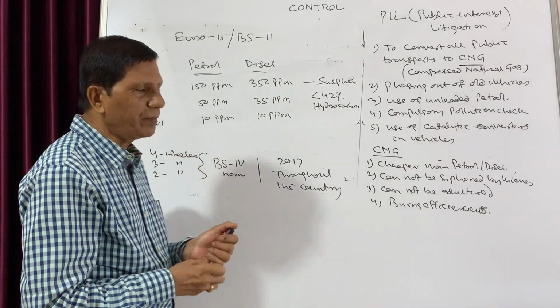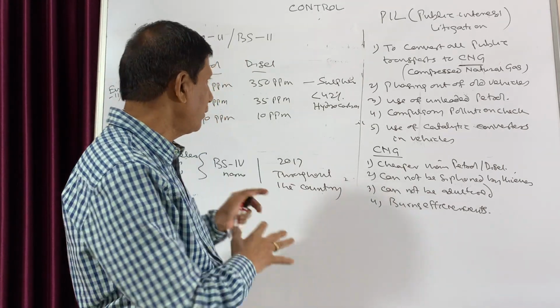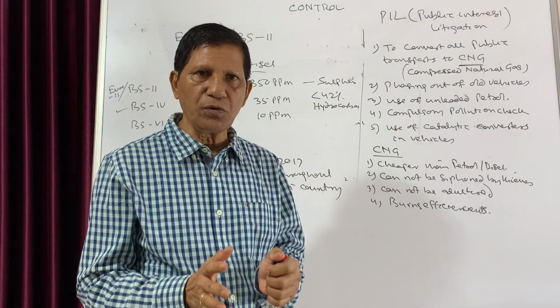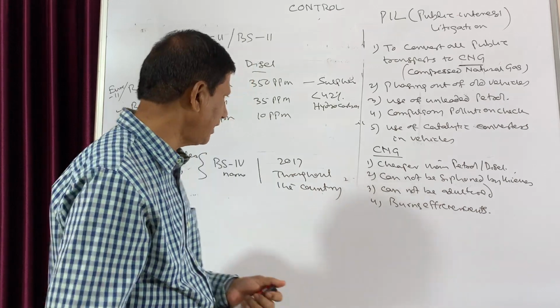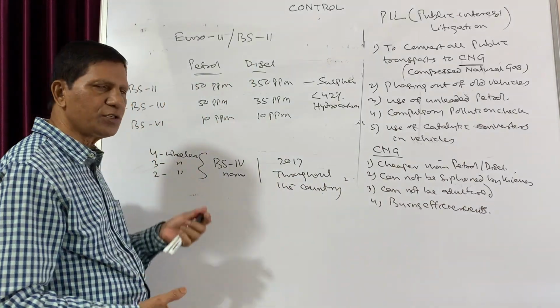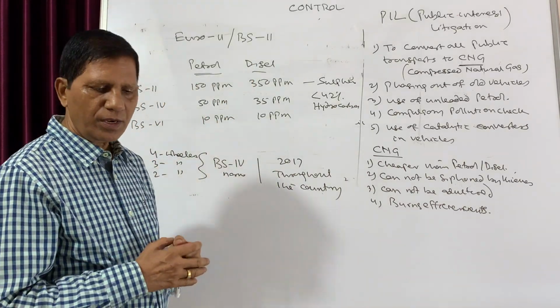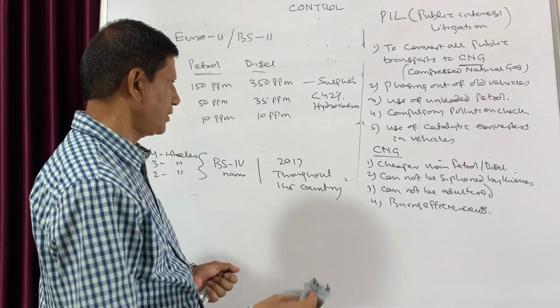So now you have a very clear-cut idea about the pollution, how it can be controlled and how it was controlled in Delhi, and what the present norms are, like what Euro and BS are and what is followed. Now all these things are clear. Now let us discuss questions.